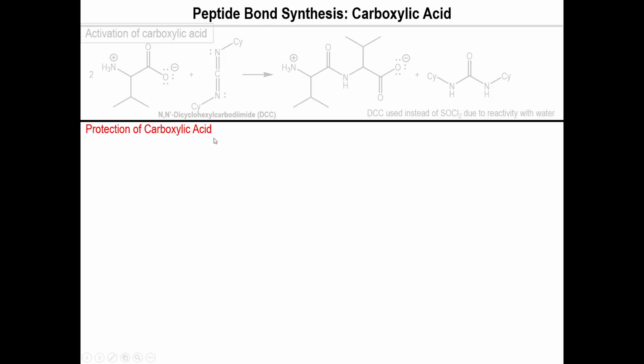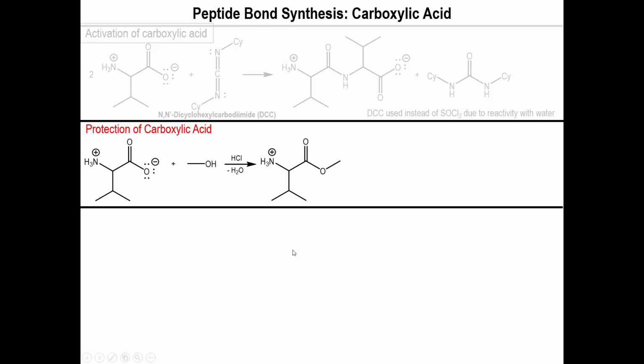And we're going to start with the carboxylic acids. Now, as far as protecting the carboxylic acids, you have a few options. You can literally react your amino acids with alcohol in the presence of acids to turn that carboxylic acid or carboxylate ultimately into an ester.